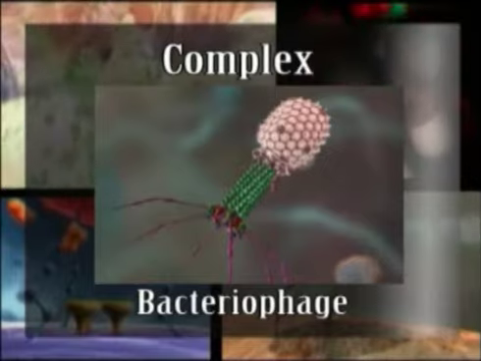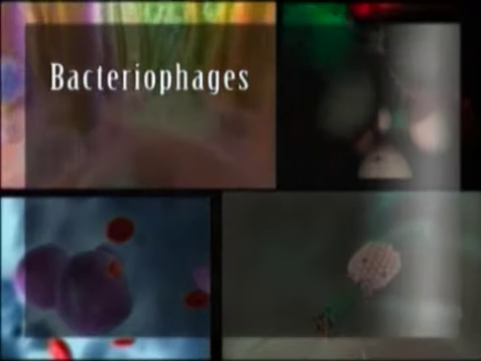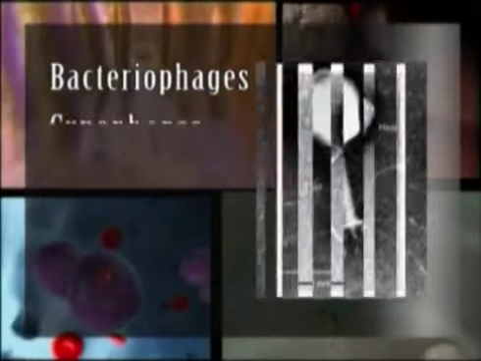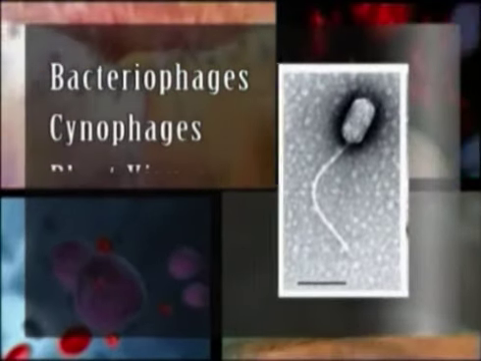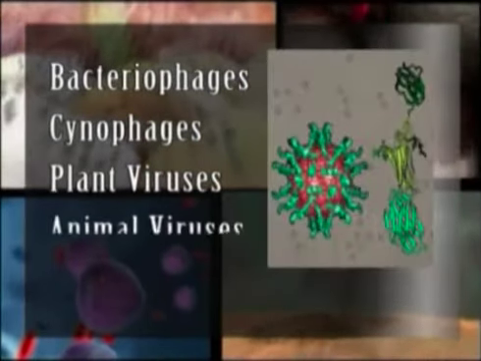Viruses are conveniently classified into the following categories: bacterial viruses or bacteriophages, blue-green algae viruses or cyanophages, plant viruses and animal viruses. Bacteriophages may be virulent or avirulent.